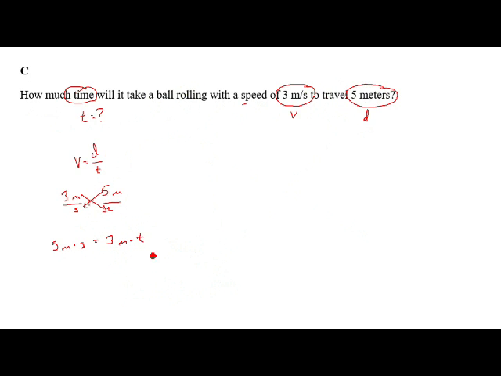We want the time by itself, so we're going to divide by 3 meters. That cancels out. Divide the other side by 3 meters, and the meters cancel out. So now we are left with 5 over 3 seconds equals the time.